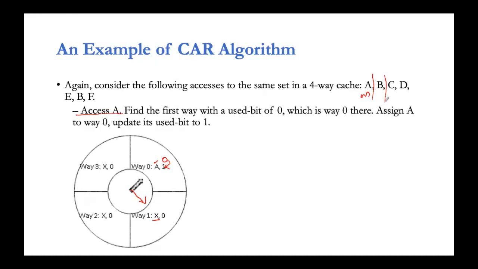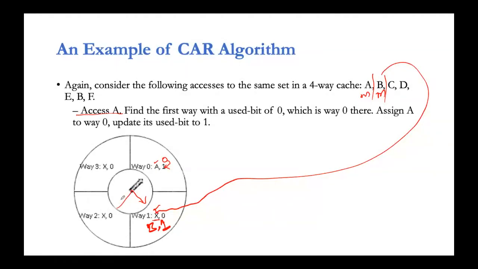So upon accessing the next cache line, B is not there in way 1, because its used bit is 0, meaning not recently used, and there is no data, so it is a miss. When it is a miss, it must be fetched from main memory and stored into the cache. So that becomes B. Once it is loaded in the cache, its used bit is set from 0 to 1.